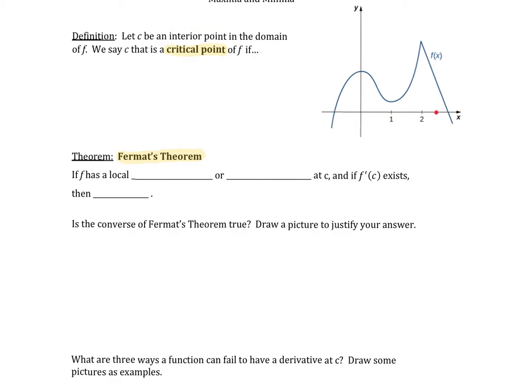It's on the inside, in between the two endpoints, okay? And we are requiring that this critical value c is inside the domain. So we say that c is going to be a critical point of f. They sometimes call it a critical number of f if the following is true.